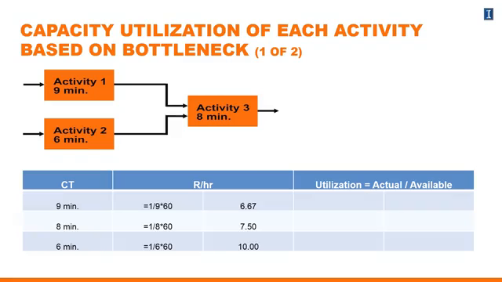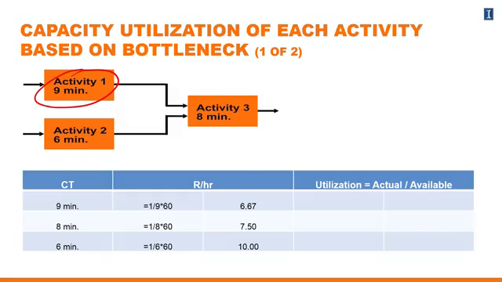So we're going to assume that the best this process can do is going to be based on the bottleneck task, that we have demand enough to consume whatever we're making. So we're going to take the bottleneck task, which in this case is activity 1. That is our bottleneck task. So the flow rate or the capacity of this activity is 6.67 units per hour. We're going to treat that as the rate at which the process will operate.